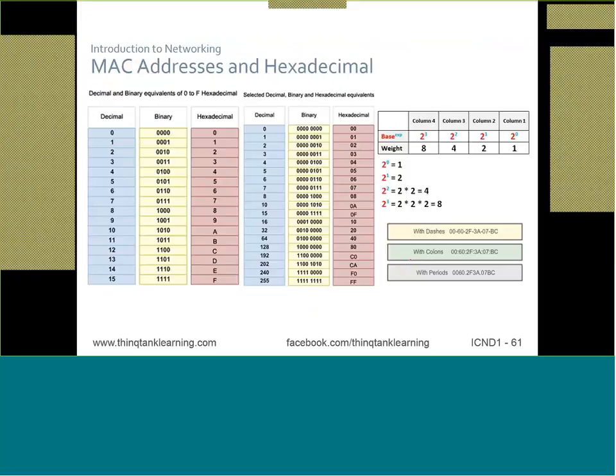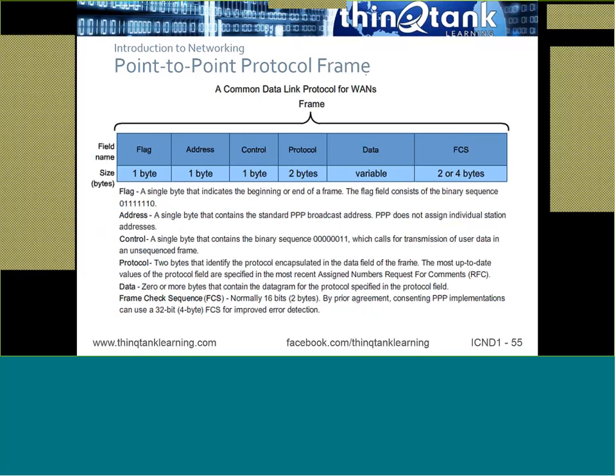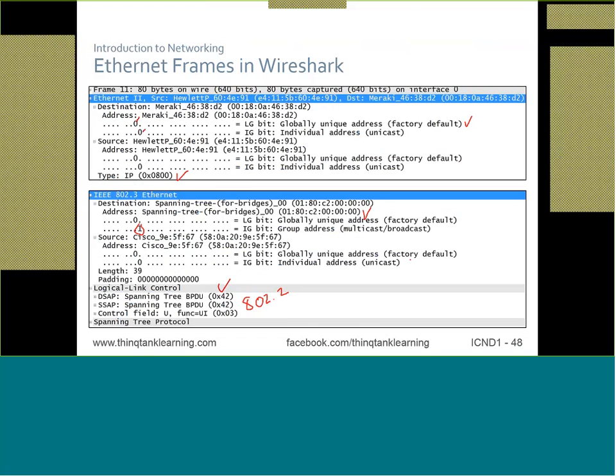Let me go back here and show you what I'm talking about. Go all the way back to my Wireshark capture. Right there. Look at the type field. 0x 0800. Right? 0x means hex.